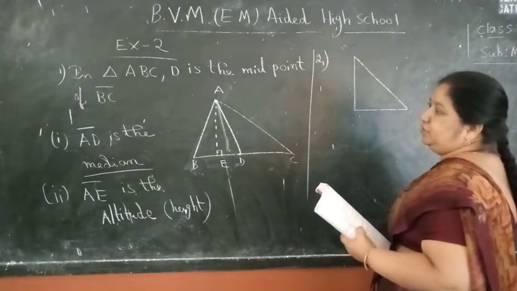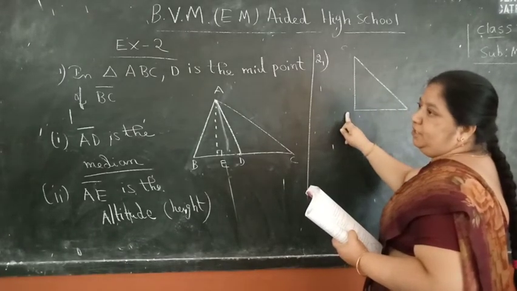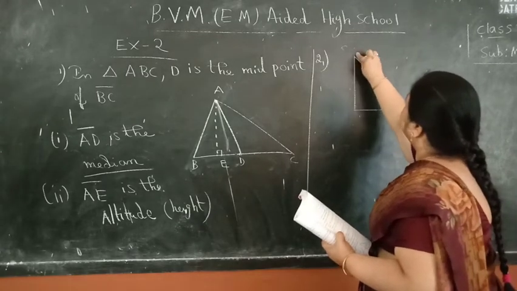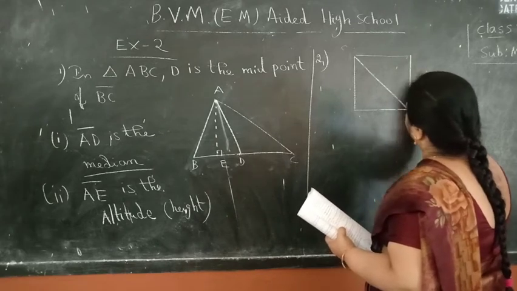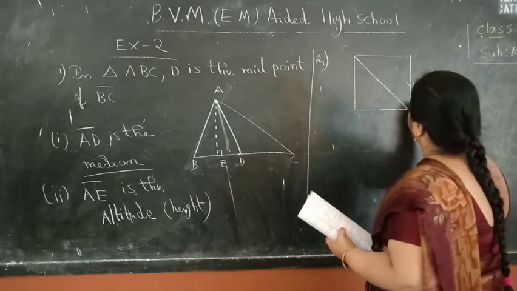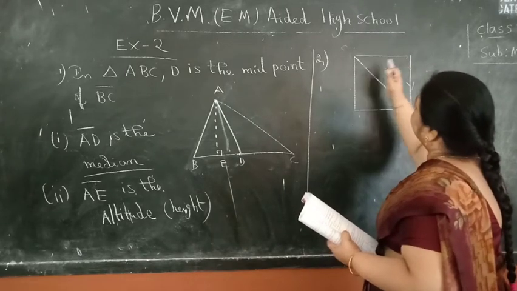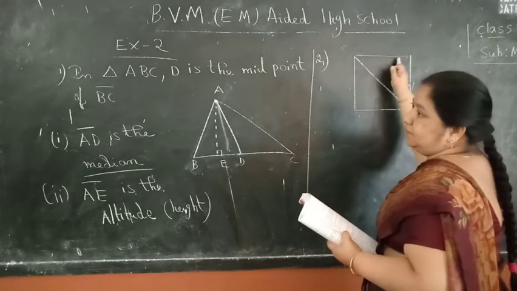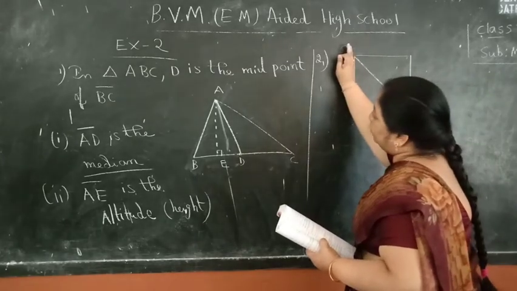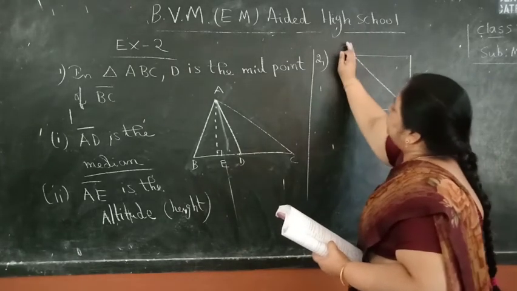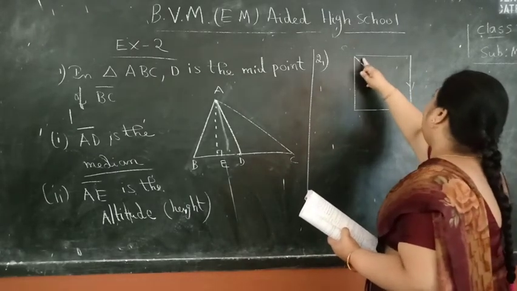Two altitudes: you find the height on this side, and you find the height on this side also.